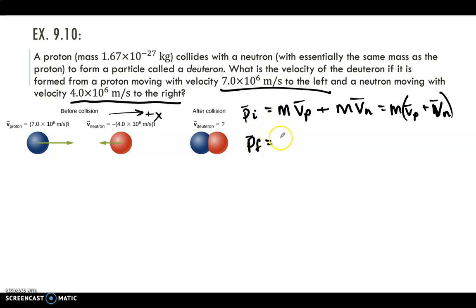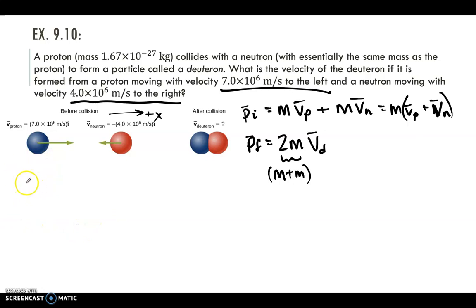Now our final will have our total mass, which is going to be 2 times our first mass, right? Because there's 2 of them. So I'm going to say 2m, or this would just be m plus m, just like what we did before, times our final velocity of the deuteron. So let's go ahead and set these equal to each other.